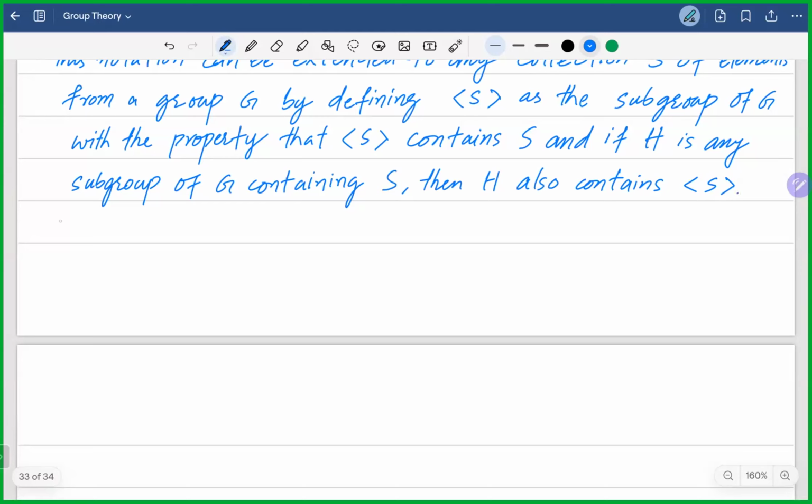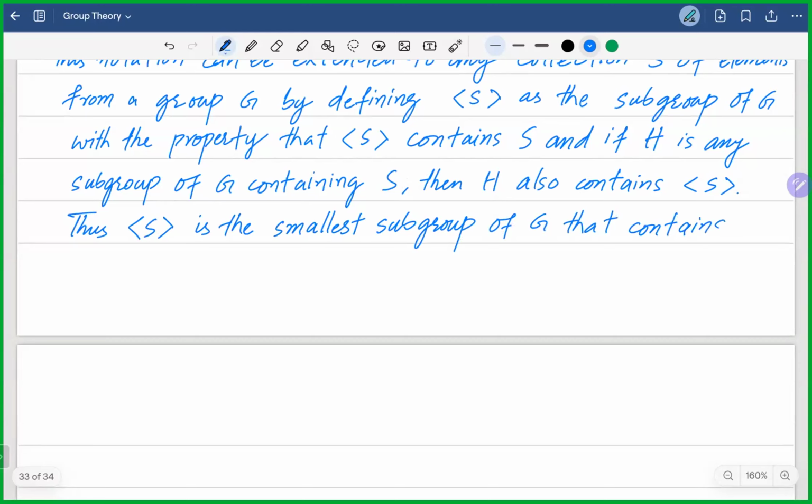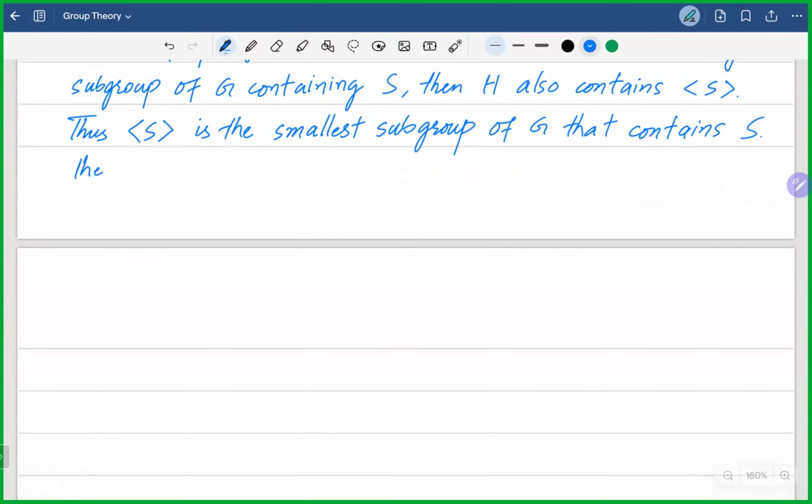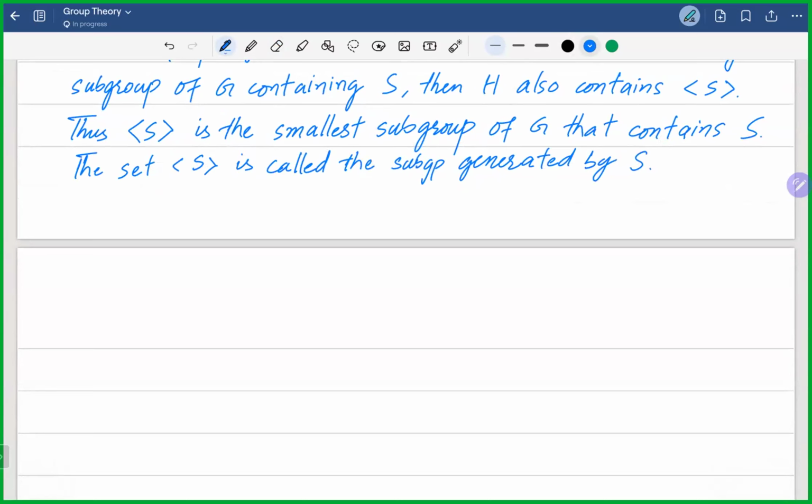Thus, this is the smallest subgroup of G that contains S. And the set is called the subgroup generated by the collection of elements S. And we illustrate this in the next example.